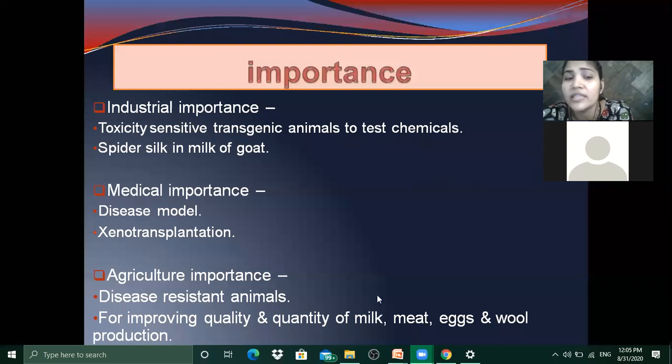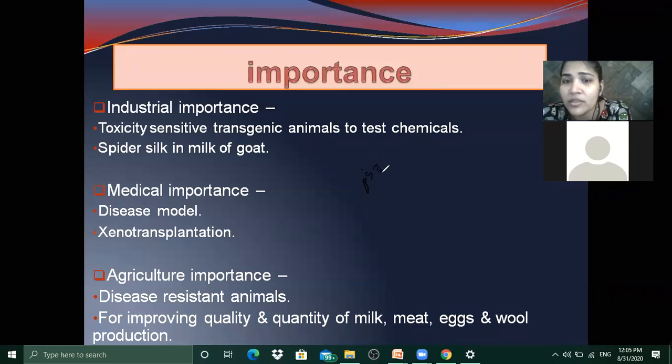So if I tell you, for example, I don't want the P53 gene to be present in my mice, then what will I do? I'll make sure that I'm knocking out this particular gene from the embryo before it is made into an egg. Okay, so that is what I'll be making sure.